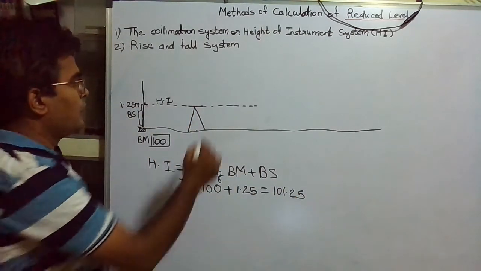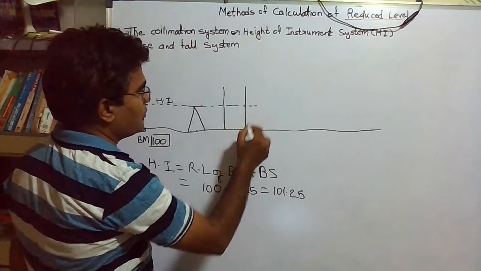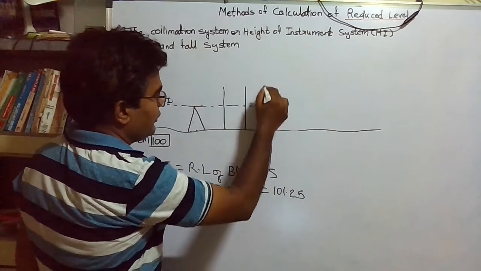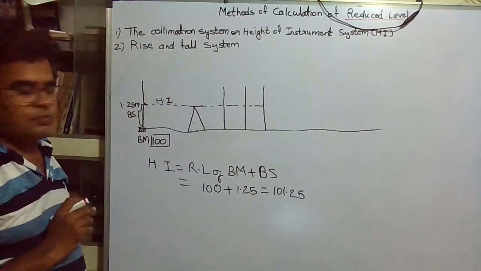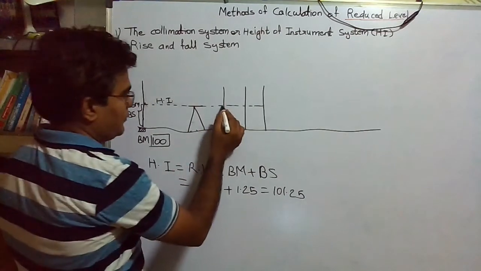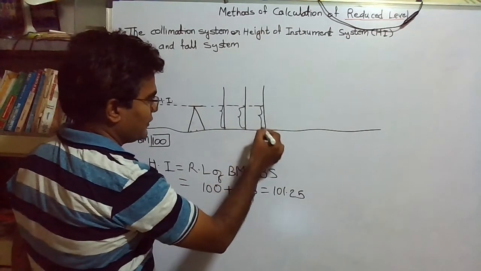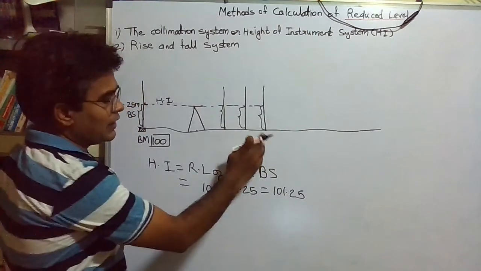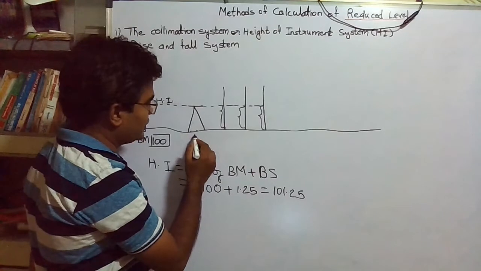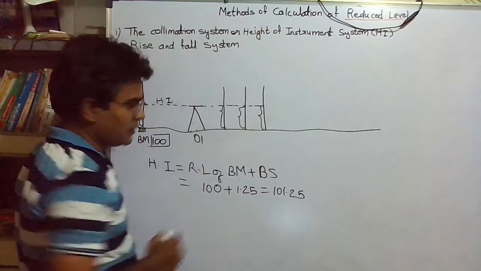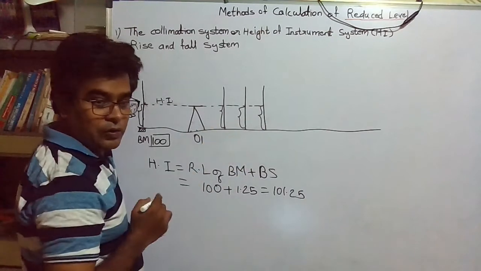The next step is whenever we take readings at any setup of the instrument. This is our first setup of the instrument. With this setup, we have taken a number of readings, this reading, this reading, and this reading. Suppose this is the last reading with this setup, which we can call O1.